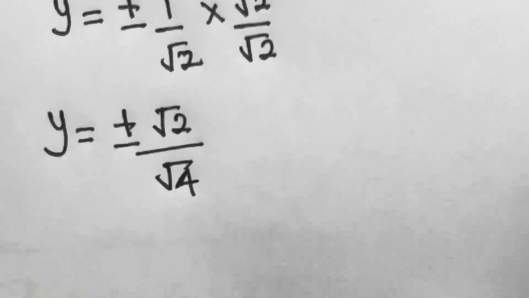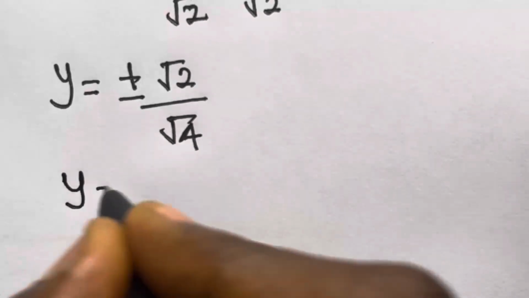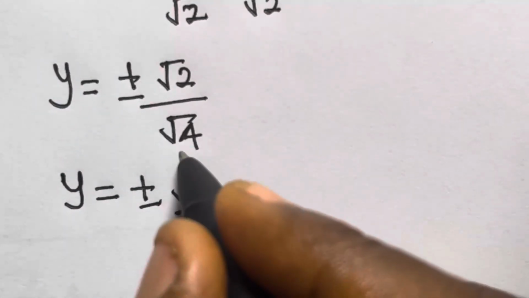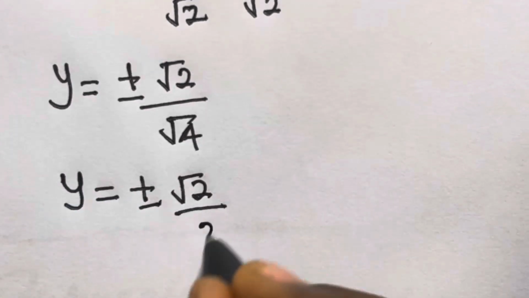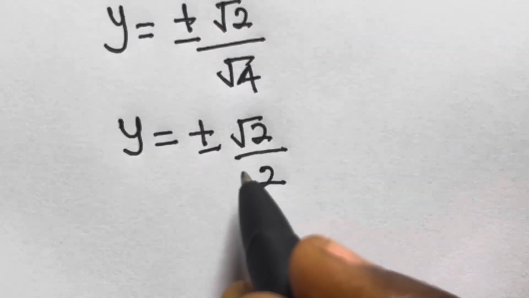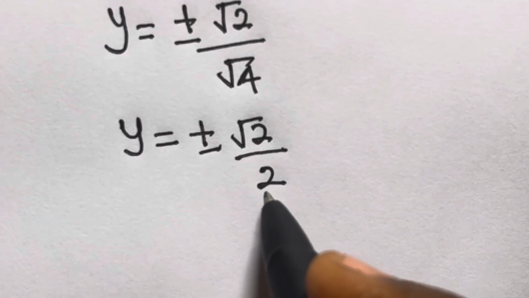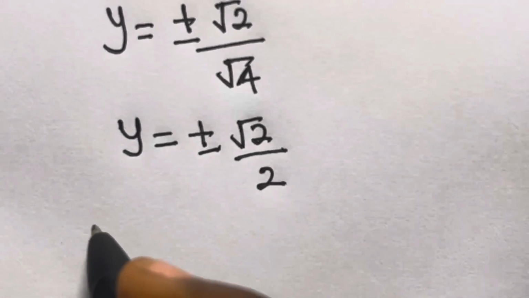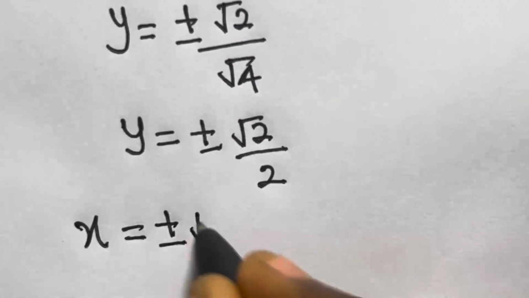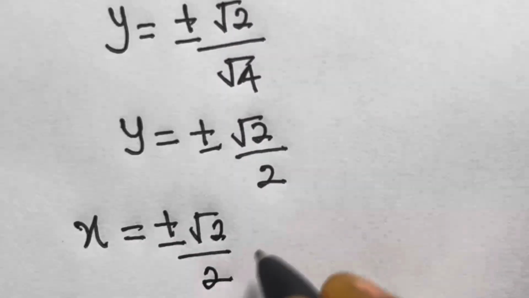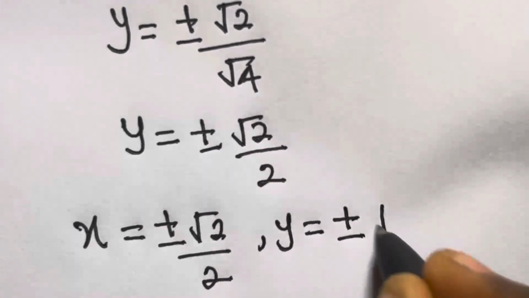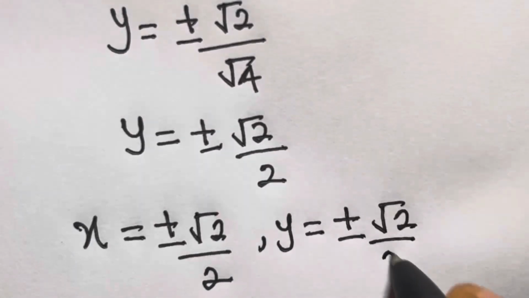So we have y equals plus or minus the square root of 2 divided by the square root of 4, that is 2. So we have our y equals plus or minus the square root of 2 divided by 2. But don't forget that we've already gotten our x to also be plus or minus the square root of 2 divided by 2, and our y equals plus or minus the square root of 2 divided by 2.